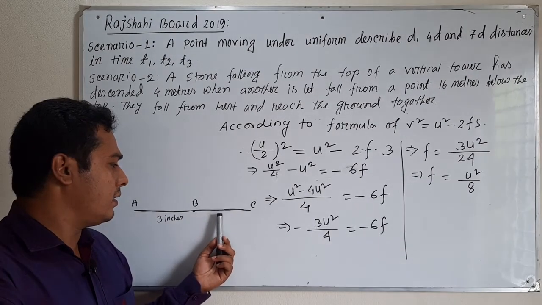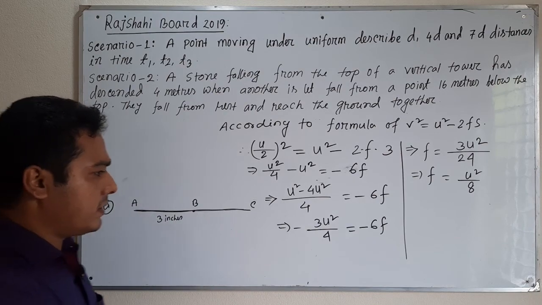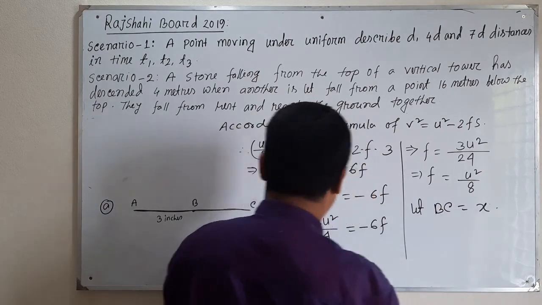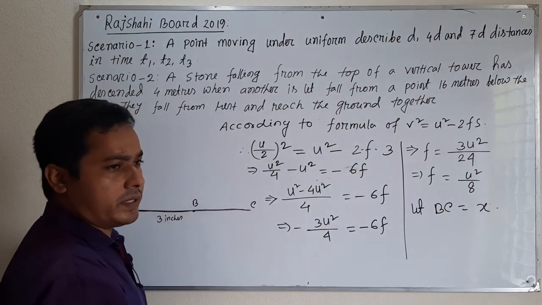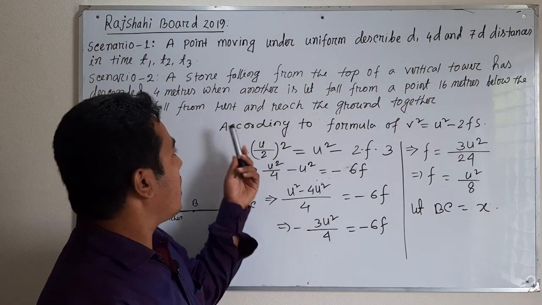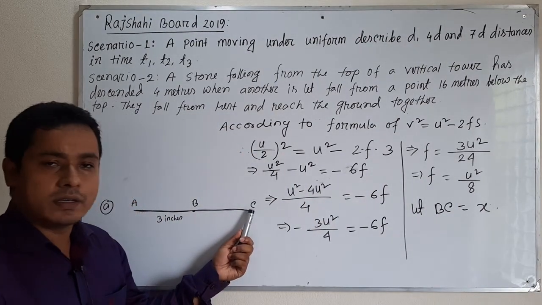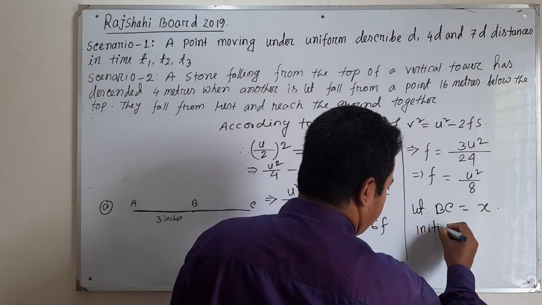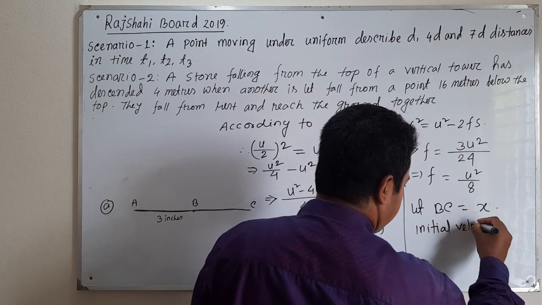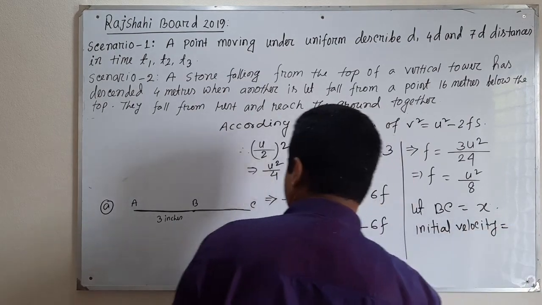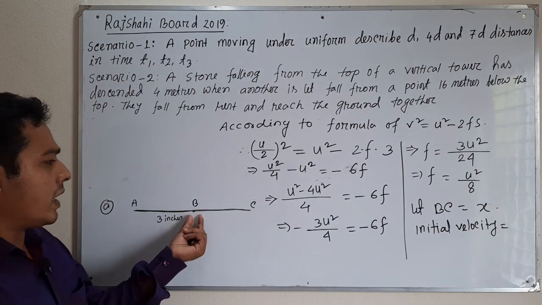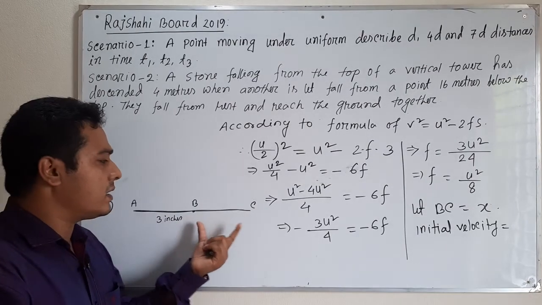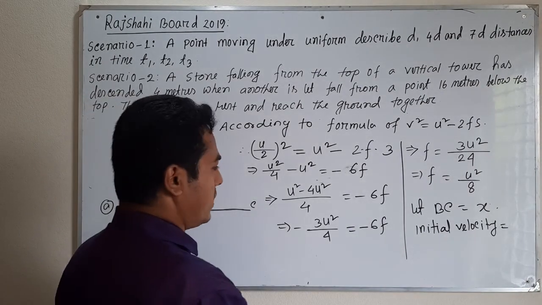Further penetrating we have to find. Let BC be equal to x. So at point C the bullet will come to rest. That's why at point C the final velocity is equal to 0. Initial velocity at point B, for AB the final velocity is the initial velocity for BC, is equal to u by 2.